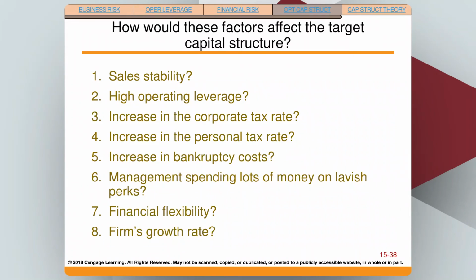As you notice, flexibility, firm's growth rate. So all of this will affect, of course, your capital structure. Stability of sales, operating leverage, corporate tax, 'di ba? Kaya medyo mahirap, especially in terms of targeting the maximum in terms of your capital structure, 'di ba? All right.